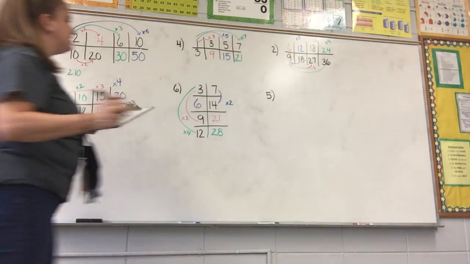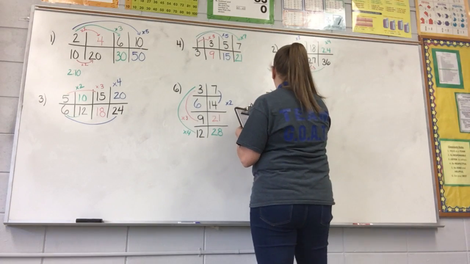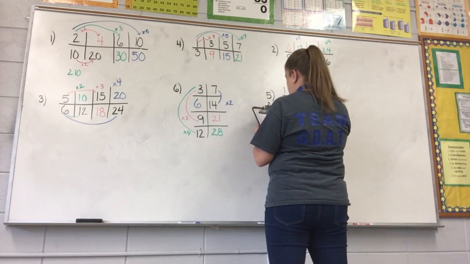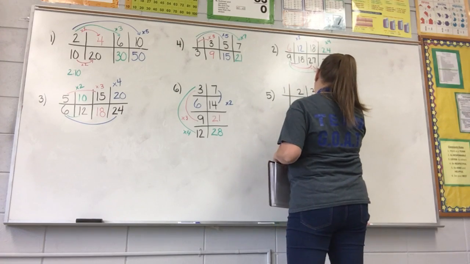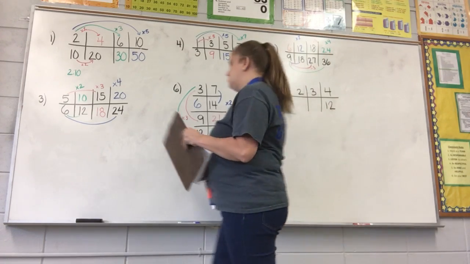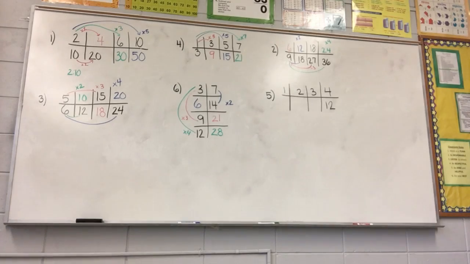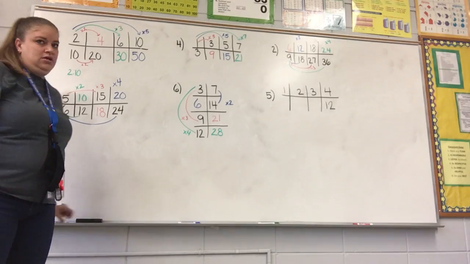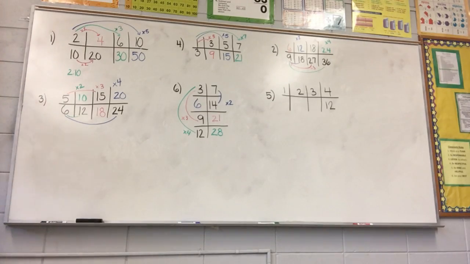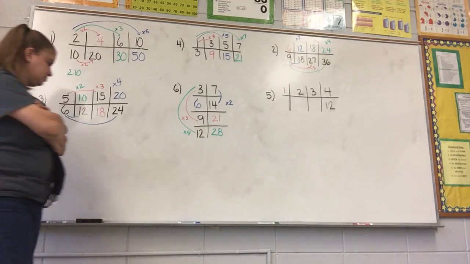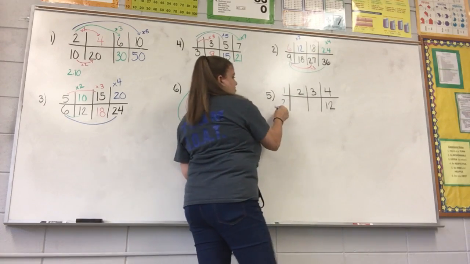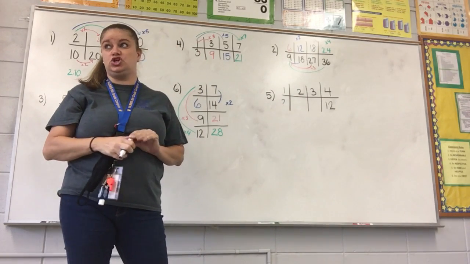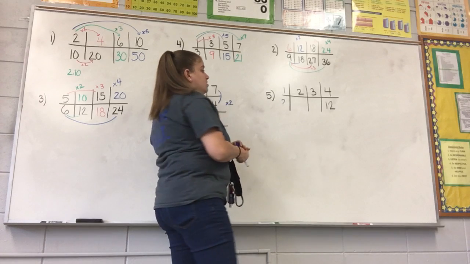5 is done the exact same way. Okay, we want to figure out this one right here because that's going to help us to start working once we figure that one out, okay?